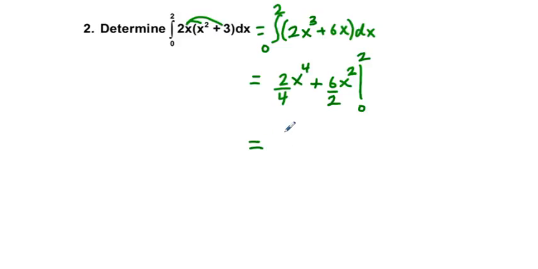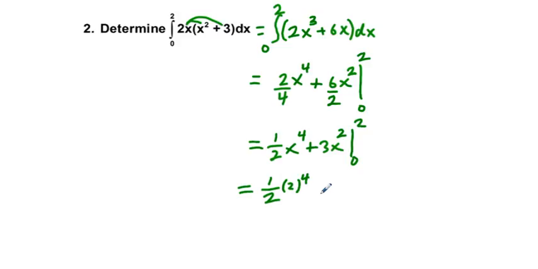And continuing to work below, we have 1/2 x to the 4th plus 3x squared from 0 to 2, and that's going to be equal to, we have 1/2 of 2 to the 4th power plus 3 times 2 squared, and we're going to subtract out the 0.